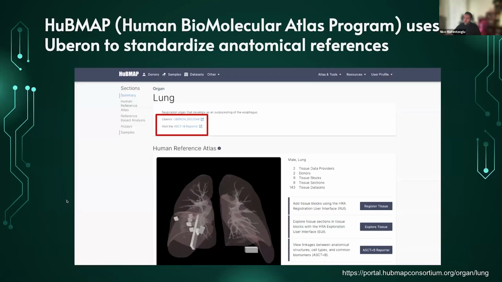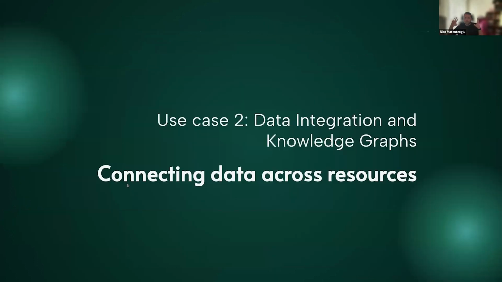And of course, the HuBMAP pages that also have Uberon as a primary organizing ontology, which have nice 3D browsers for the reference atlas widgets, and again allow us to search through Uberon and get to these respective pages.